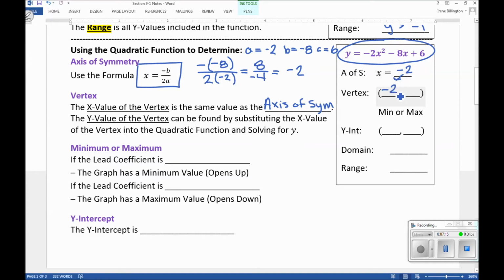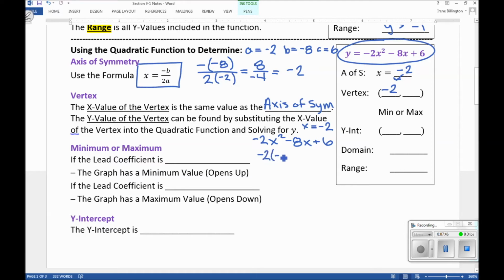Now, we have to do some calculations to find the y value of that vertex. So to find the y value of the vertex, we want to substitute the x value of the vertex, that -2, into the quadratic function and solve for y. So again, my quadratic function from up there was -2x squared minus 8x plus 6. So we're substituting -2 into this equation.